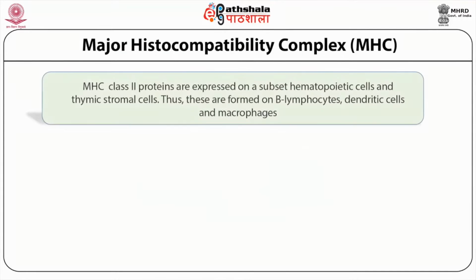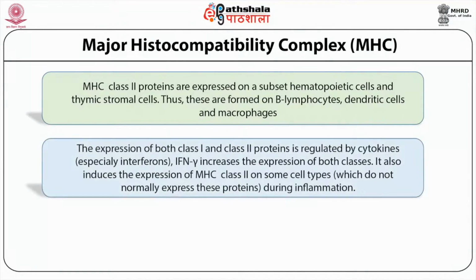MHC Class II proteins are expressed on a subset of hematopoietic cells and thymic stromal cells. Thus, these are found on B lymphocytes, dendritic cells and macrophages. The expression of both class I and class II proteins is regulated by cytokines, especially interferons. IFN-gamma increases the expression of both classes.